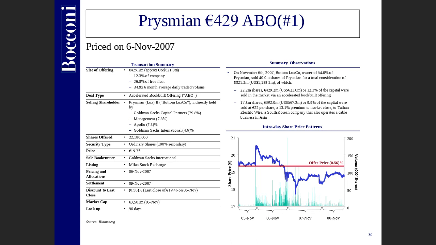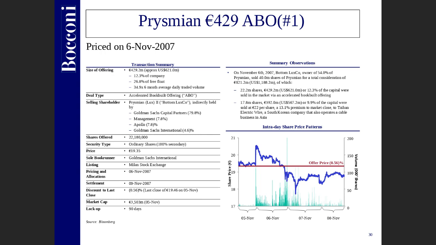Then there was the price of the accelerated book building, the 22 million shares that have been sold at 19.35. As you can see in the transaction summary on the left-hand side, you see price 19.35. And there was the price at 22 per share for the 18 million shares that have been sold to the South Korean player.